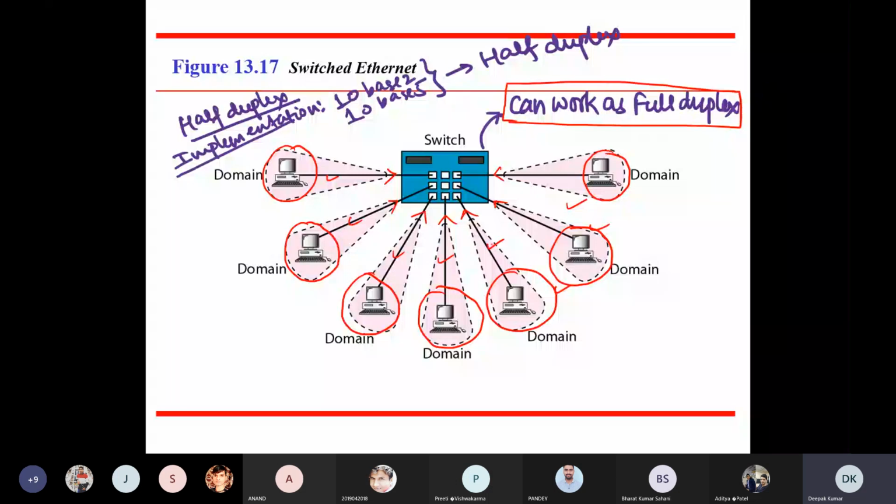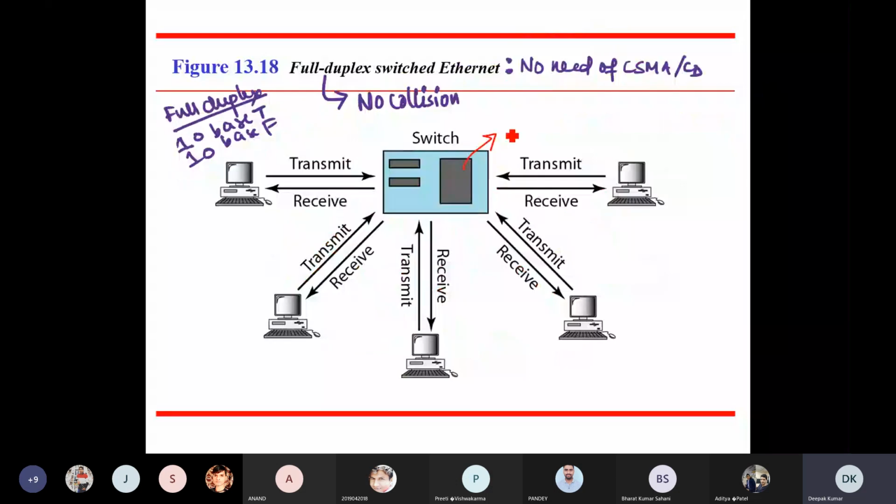See in this diagram, similarly the switch has the capacity to support full duplex. So each domain is replaced by a single node, and each single node is connected through a pair of cable, either base T or base F. Base T means twisted pair cable and base F means optical fiber cable.